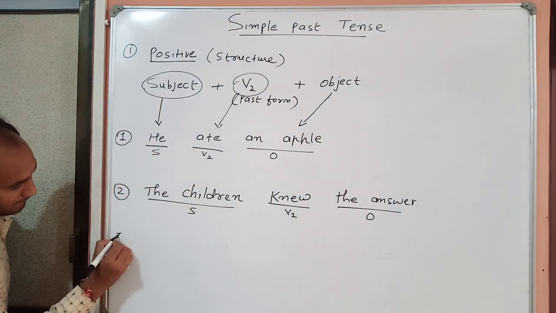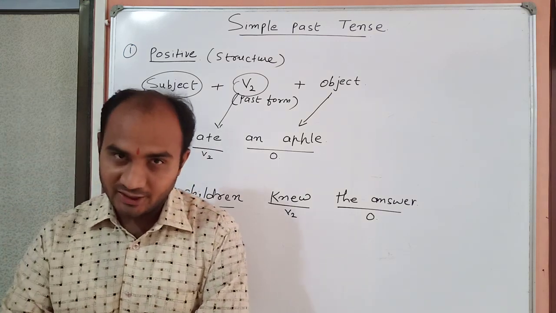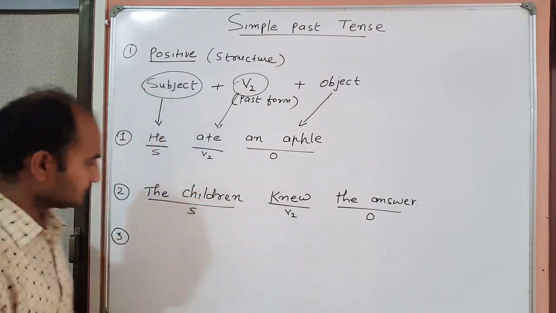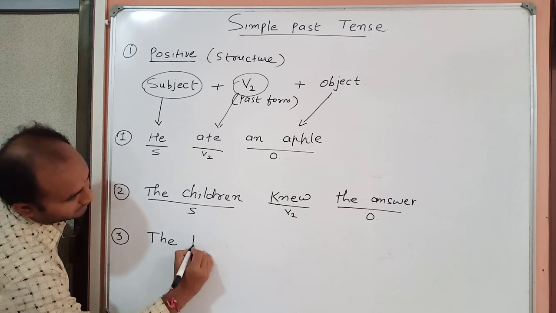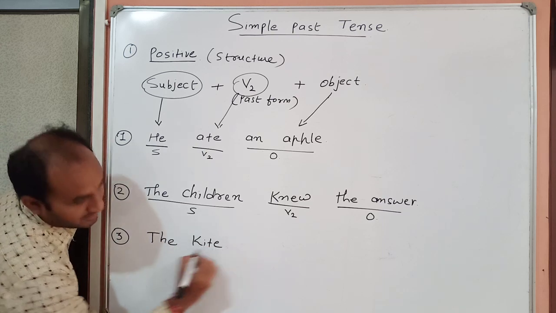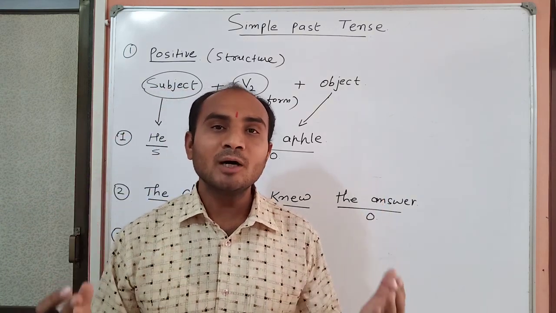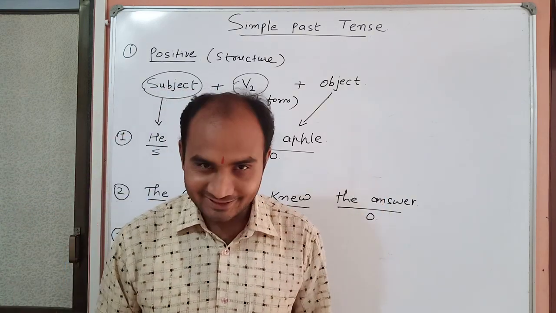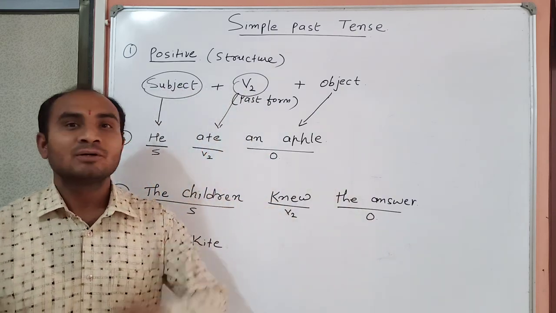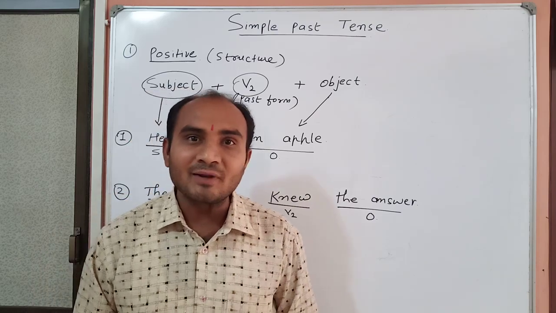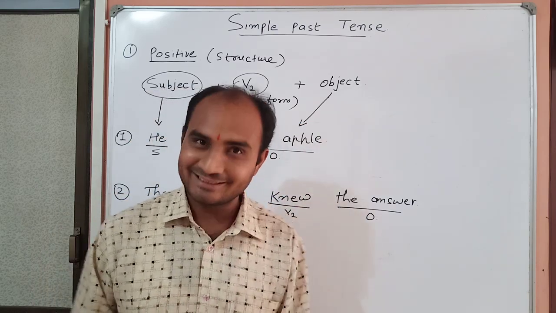Number 3, also we are taking singular. The kite. Who will tell me the verb number 2 of fly? In video number 4 you already learned that the past form of fly is flew, not fly.